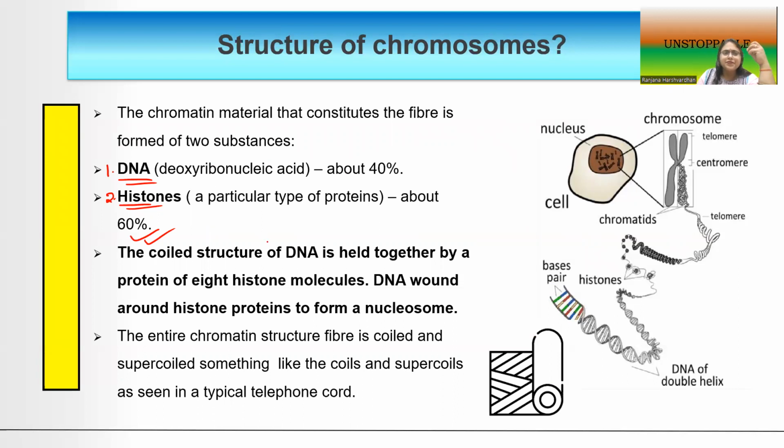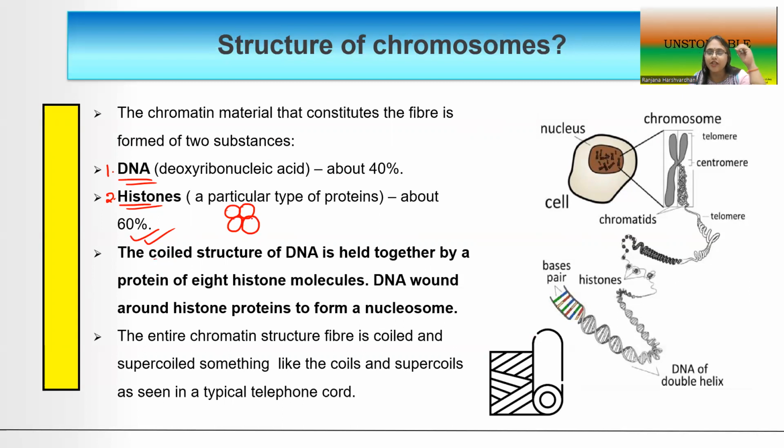Now we have to see how the acidic DNA is coiled on the basic proteins, or histones, to form a thread-like structure which we know as chromatin. In the histone proteins you have a set of four subunits.